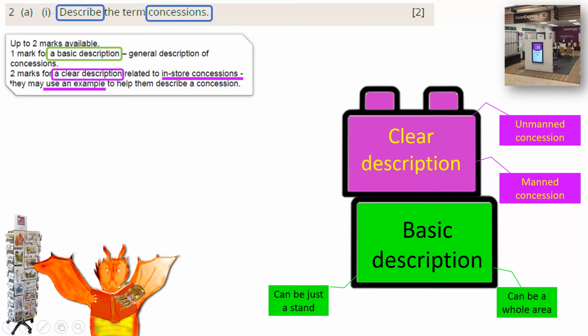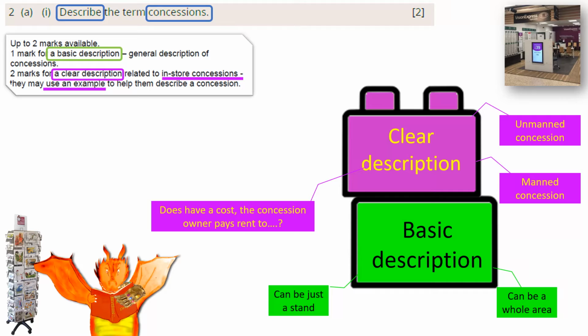And then you need to think of the cost. There is a cost to running a concession. It might not be rent for the whole building, but it's obviously rent for something. It's rent for where the stand is or where the area is. But who would they pay the rent to? Who basically owns the floor?